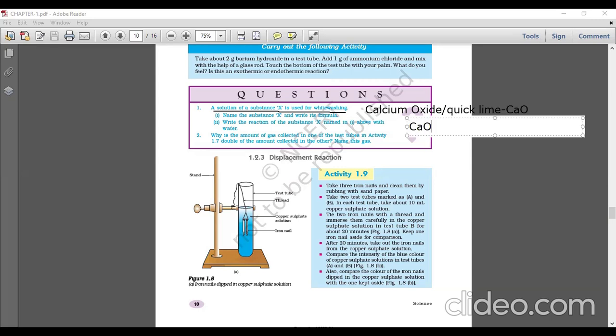So I'll write CaO, calcium oxide. It is in which state? We have already studied, solid state, plus you need to add water, H2O. Water is in liquid state. So you'll be getting calcium hydroxide.